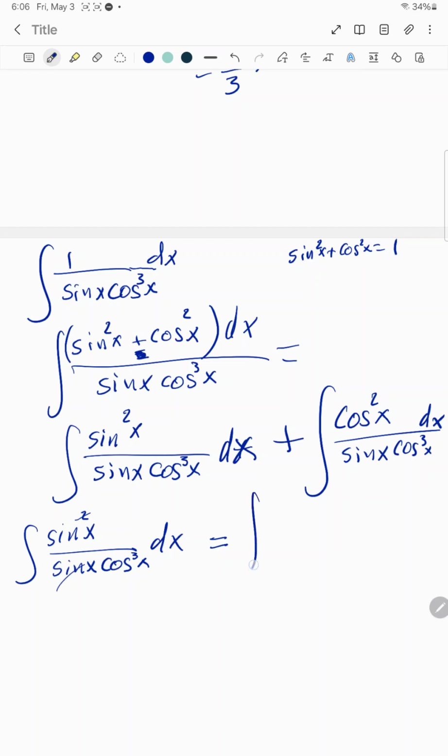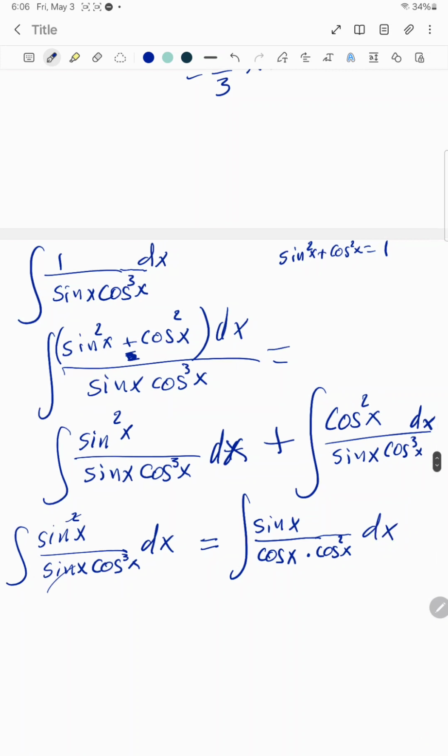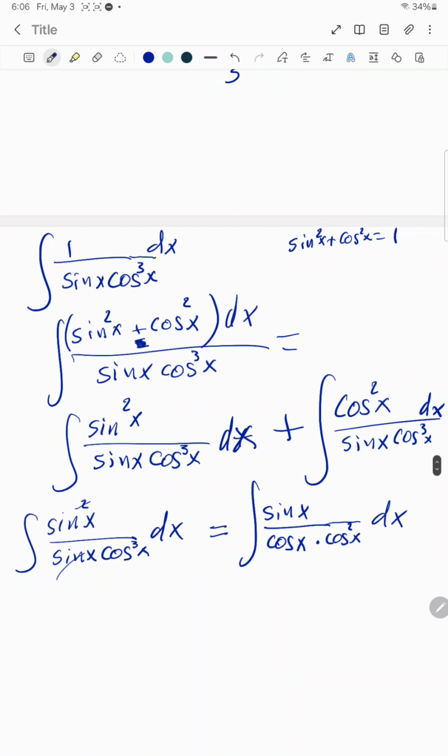It becomes integral of sine x divided by cosine. Instead of writing cosine cubic of x, I will write cosine x times cosine square of x dx. But I know sine divided by cosine is tan. So this is equal to tan x, and 1 over cosine square of x becomes sec square of x dx.